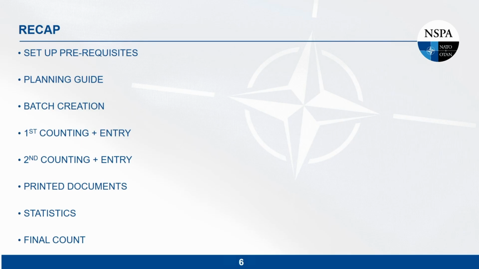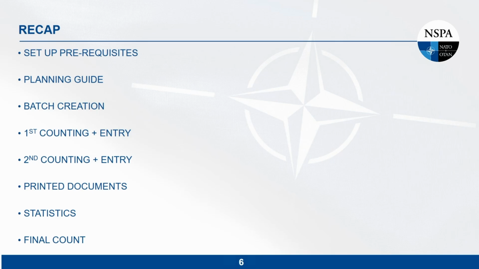To recap what we have learned in this video is to set up the prerequisites, meaning the print of the documents. The copies have to be at least a quantity of 1 or more, so the copies should not be set to 0.